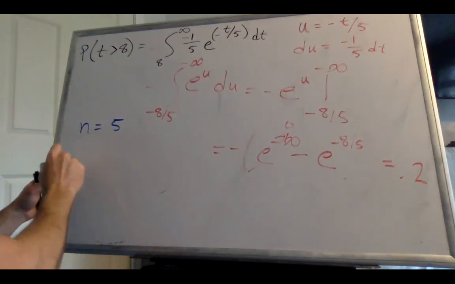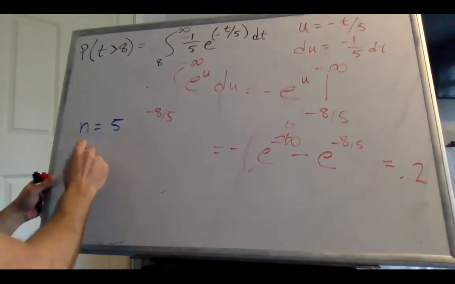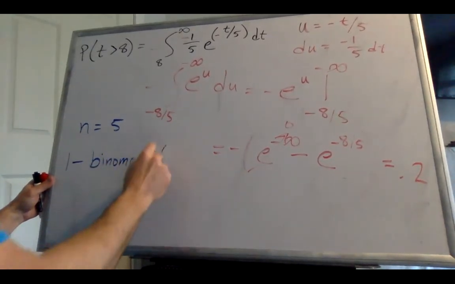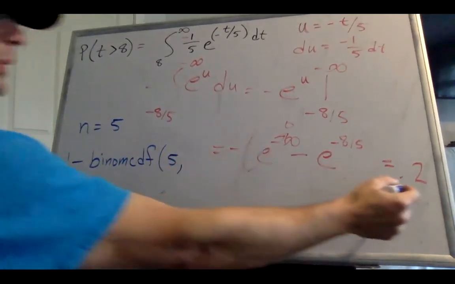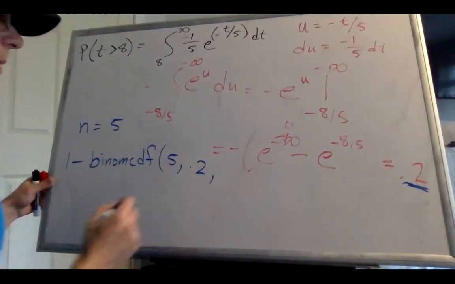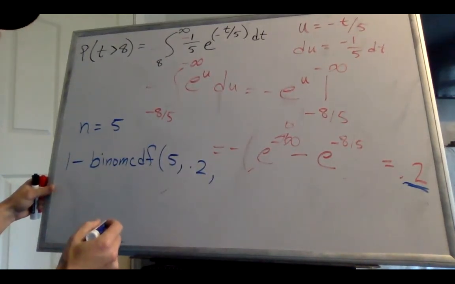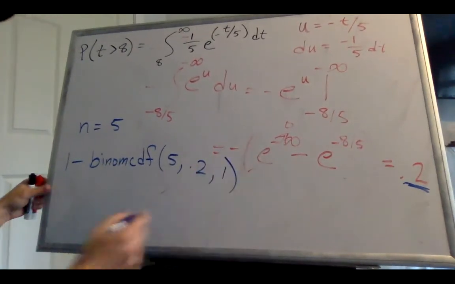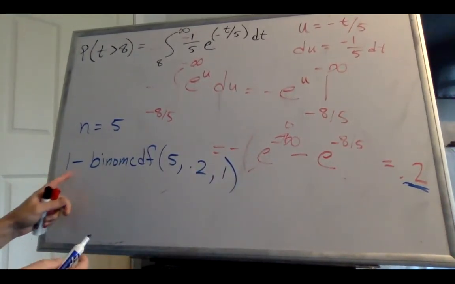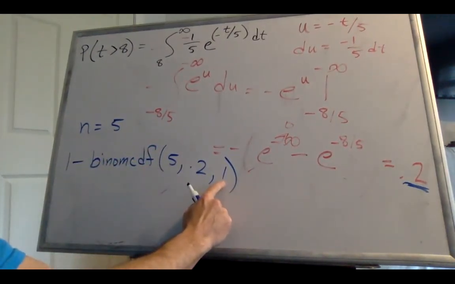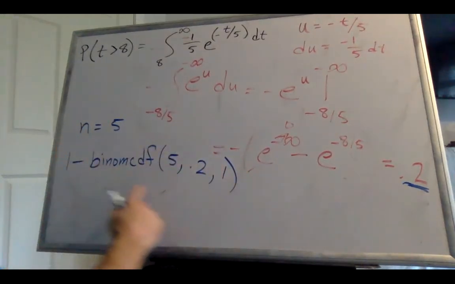So actually, if we did 1 minus binom CDF of n comma p comma, let's see, it says at least 2 would last longer than 8 years. So how about putting a 1 right there? Does that make sense? So 100% minus the binomial probabilities for x equals 0 and 1 would be the likelihood of x being 2 or 3 or 4 or 5. And it turns out that that ends up being 0.2627.